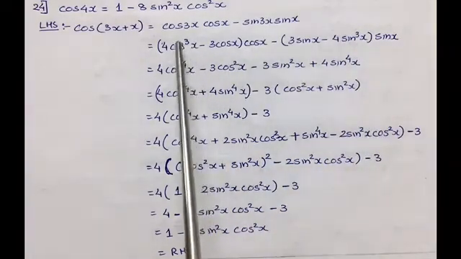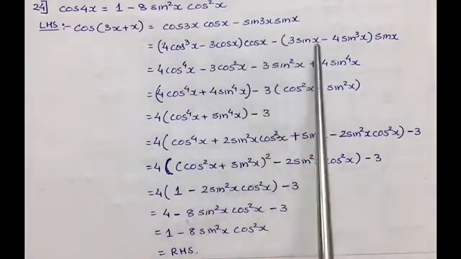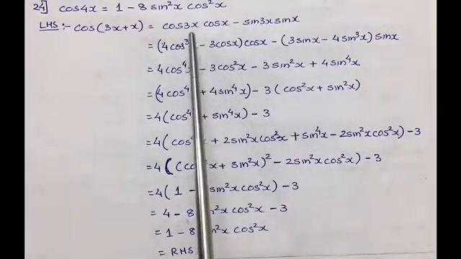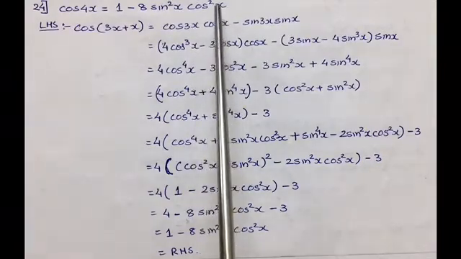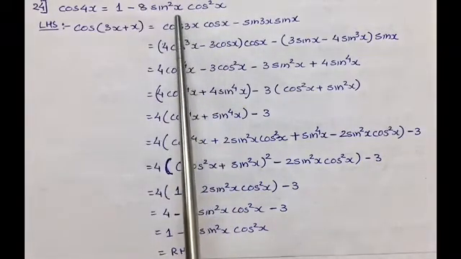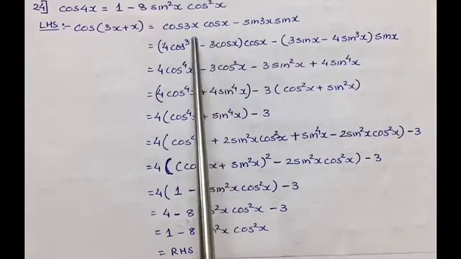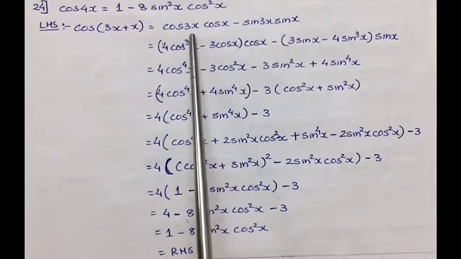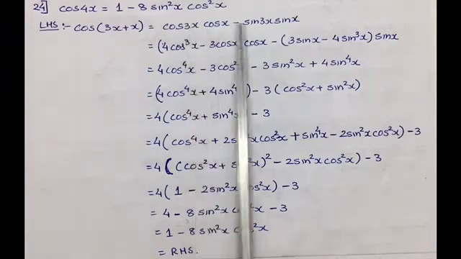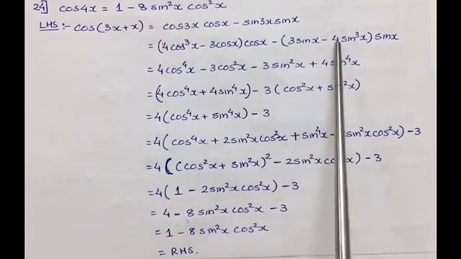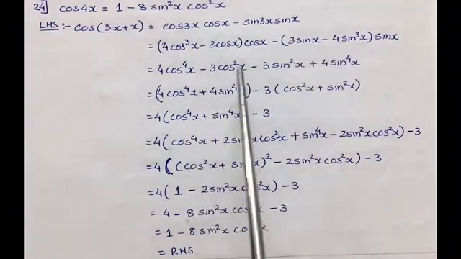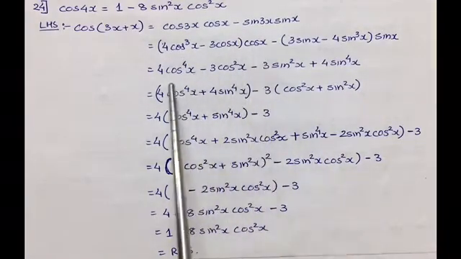So the formulas of cos 3x and sin 3x are being used to reduce the angle from 3x to x. As in the RHS, the angles are in terms of x, we have to apply the formula in such a way that 3x gets reduced to x. So these two are the formulas.